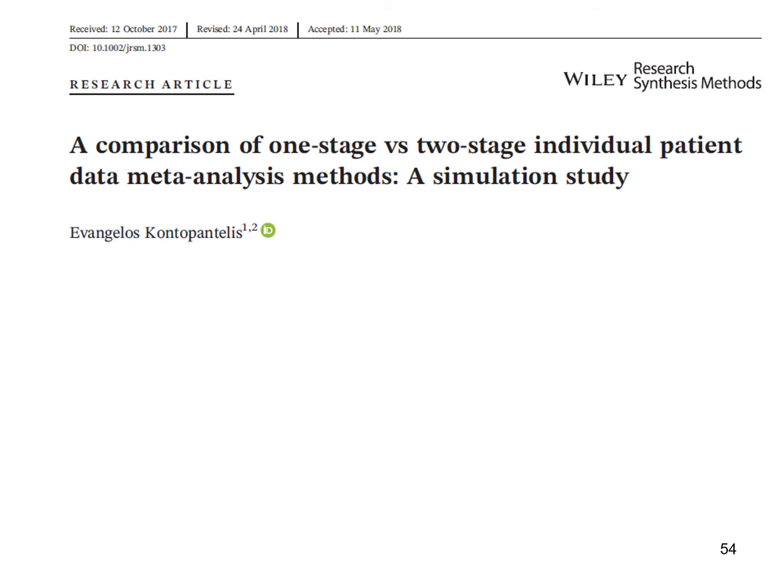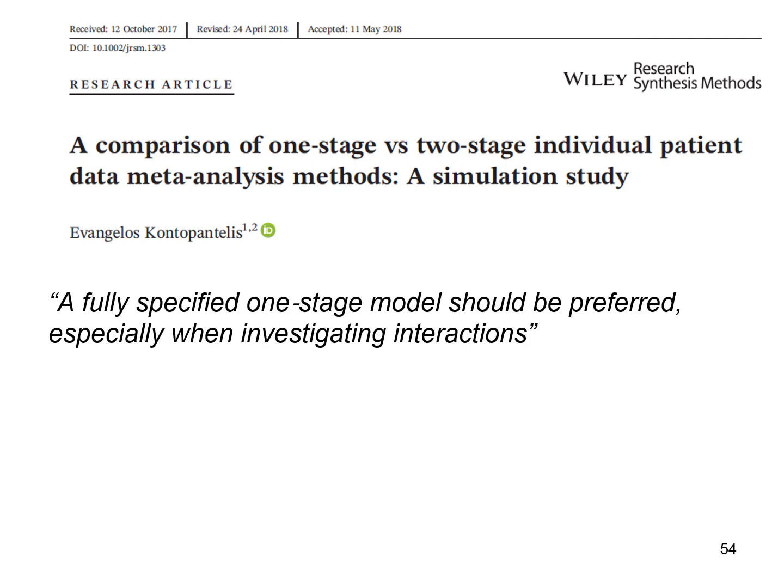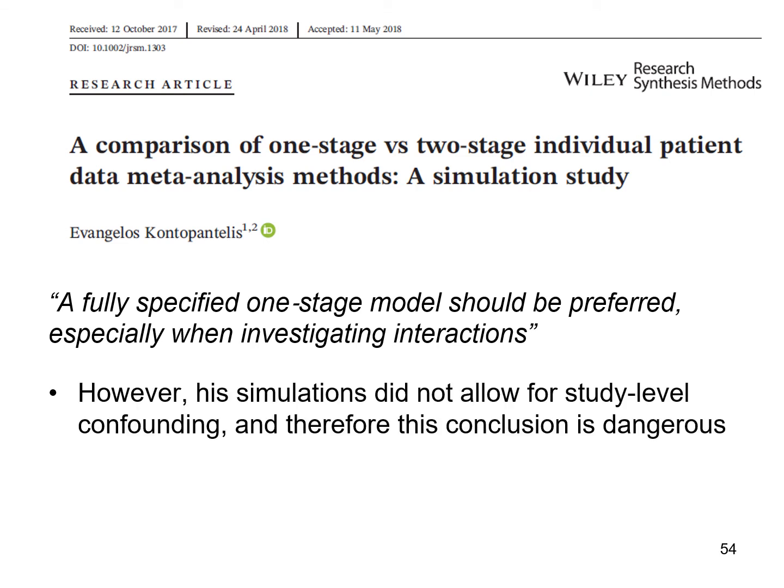And just to finish, just to mention this paper by Evangelos Kontopantelis, which is a very detailed and extensive simulation study, a very comprehensive piece of work. But just to note that one of his recommendations says that a one-stage model should be preferred, especially when investigating interactions. But I just want to push back on that particular recommendation because his simulations did not allow for study level confounding, and therefore there were no differences between across-trial and within-trial interactions.